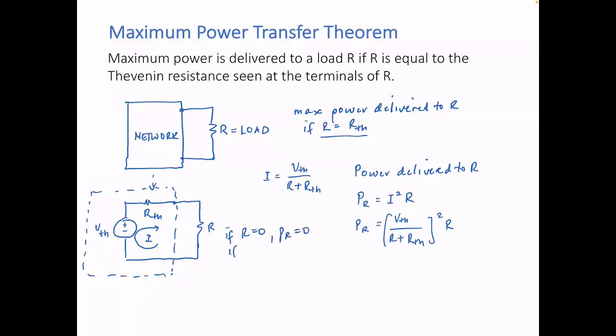If R is equal to infinity, this is an open circuit, and P of R is also equal to 0. Imagine that this is infinity. So VTH over infinity will be equal to 0. So the limit of P of R as R approaches infinity will also be equal to 0.